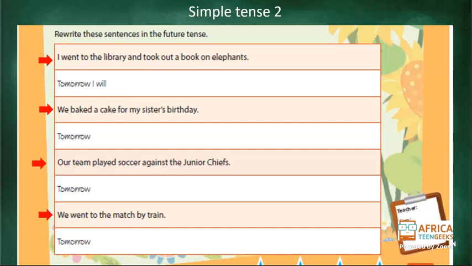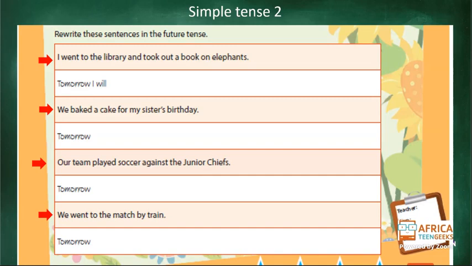Okay, let's see who we're going to have. Matlodi, ma'am. Hello. Can I start? You can start. Tomorrow I will go to the library and take out a book on elephants. Excellent. Next one.